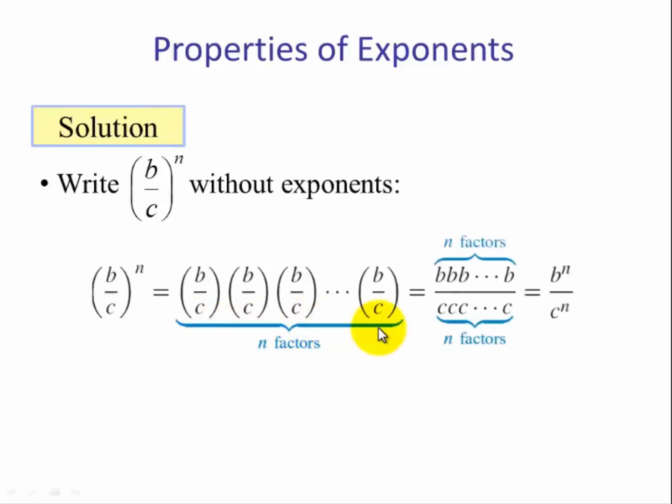So this is the n factors that we have for our base, b divided by c. Multiplying the numerators, we will have b times itself n times, which is b to the n, divided by the denominator, which will be c times c times c, and we do that n times, and that is c to the n. Again, this can be verified using the graphing calculator and picking values for b, c, and n.